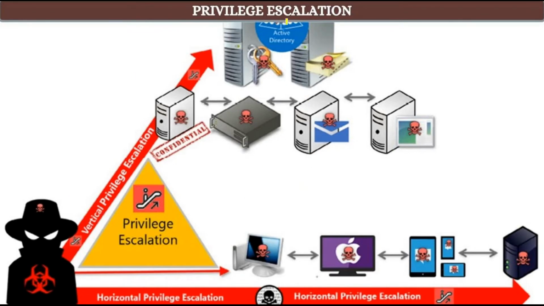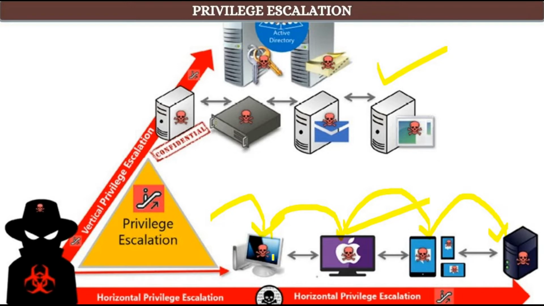If you look at this picture, we have the vertical privilege escalation and here is the horizontal privilege escalation. In the horizontal escalation, all of these systems have the same set of privileges. It means if you hack one of the systems, you can easily hack all of them. So in horizontal privilege escalation, all the devices have the same type of privileges.